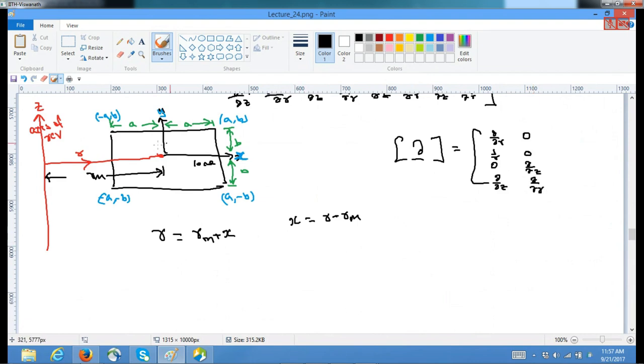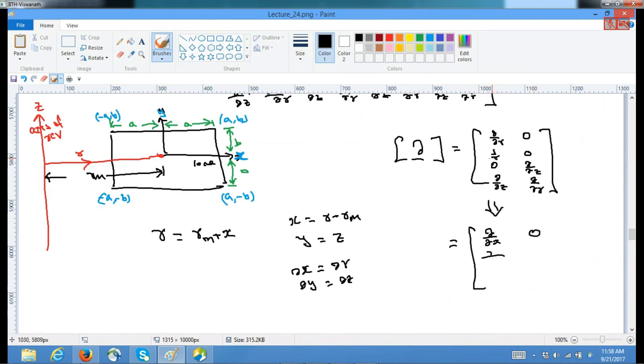Now our local y is our z direction, so we can say that del x is equal to del r and del y is equal to del z. Based on that, I can rewrite this in terms of local coordinates y and x as del by del x, 0, 1 over r, where r is written as x plus rm.